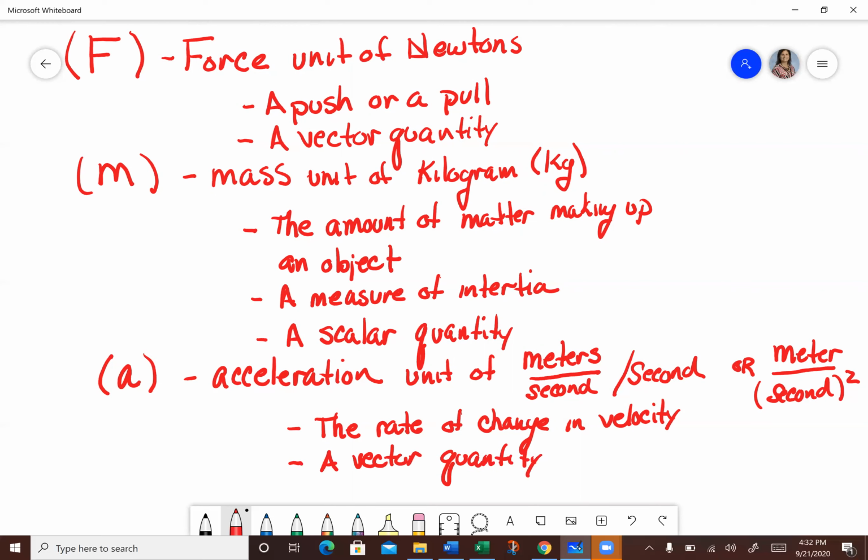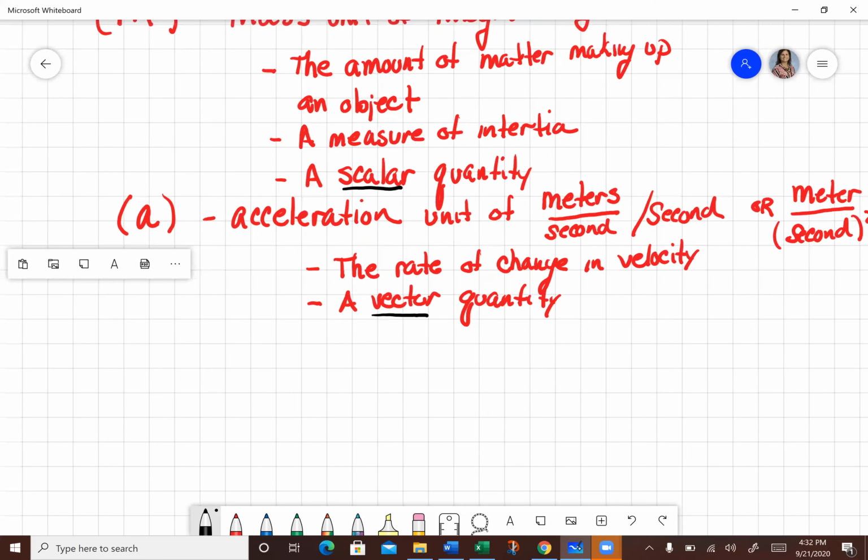Okay. So what do we mean by a vector and a scalar? So let's define these. This is just some vocabulary that I need you to be familiar with to better understand when we get to Newton's second law.